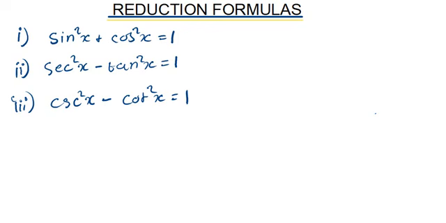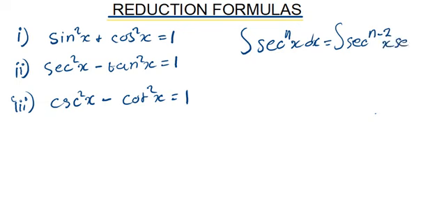Maybe we didn't even notice that we were using them, but we used them. Okay, so for example, if I were to start with the reduction formula for the integral of sec n of x dx, remember we were writing this in the form sec to the power n minus 2 of x, then sec squared of x dx.